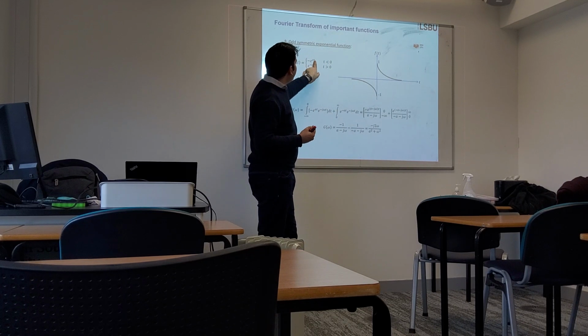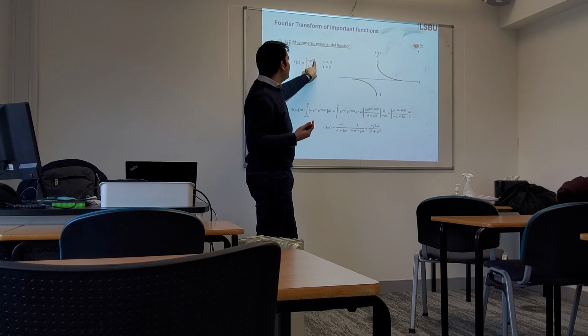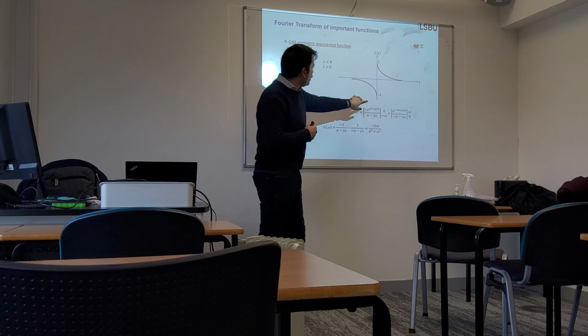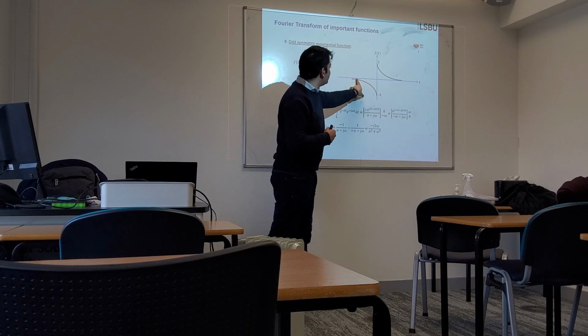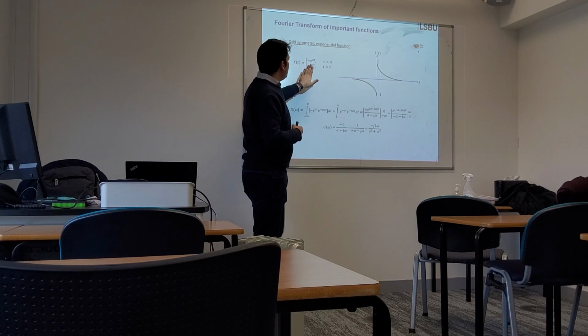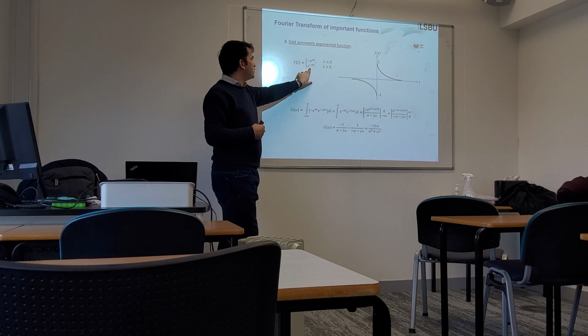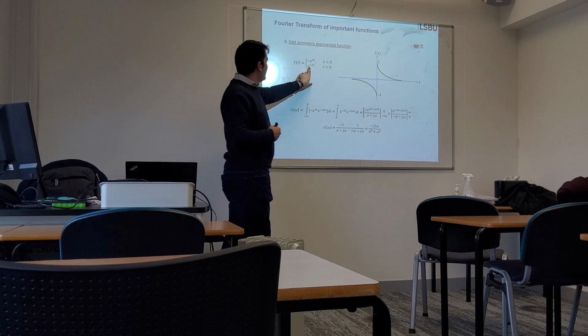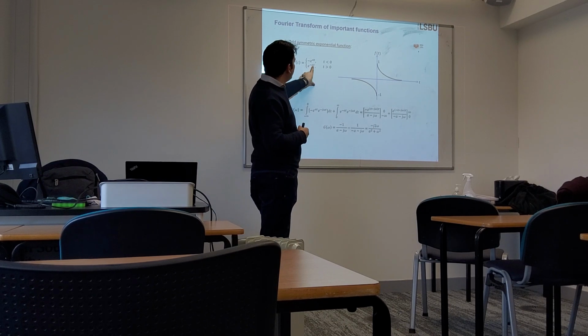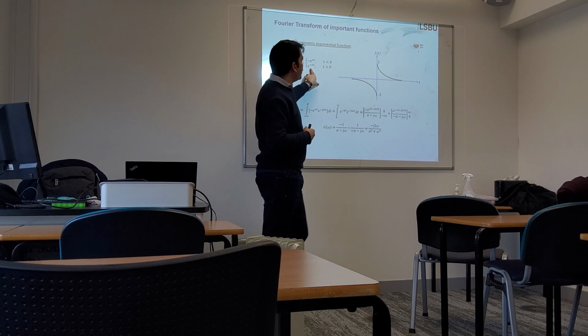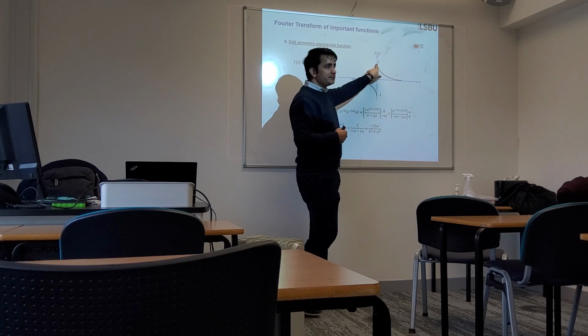And if I keep on increasing t, you will see that it will converge in this direction. More easy to understand is e power minus at. If you put t equals 0, you will get 1. It will start from this point.